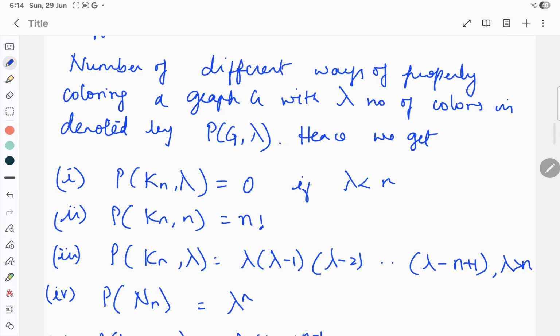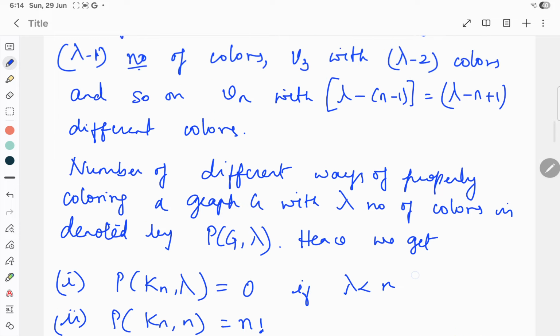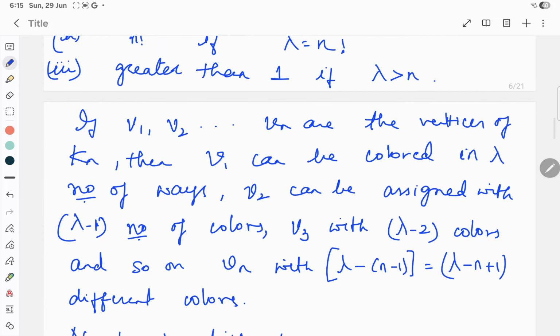If v1, v2, etc., vn are the vertices of the complete graph Kn, then v1 can be colored in lambda ways. v2 can be colored with lambda minus 1 colors, because I have already used one color.